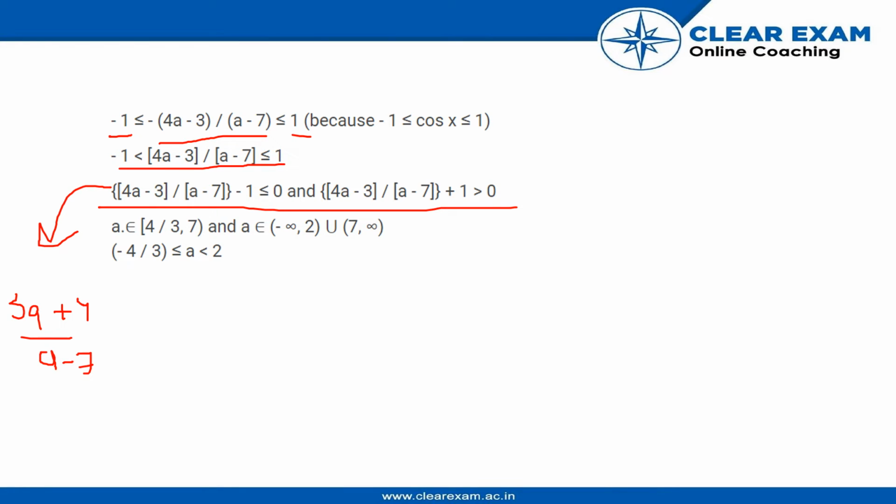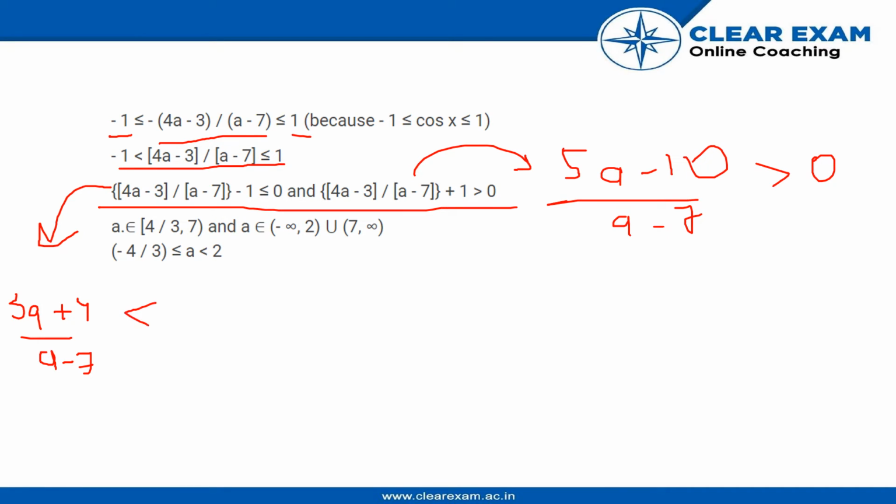Then for the other we have (4a minus 3) upon (a minus 7) plus 1, which becomes 4a minus 3 plus a minus 7. So that term becomes (5a minus 10) upon (a minus 7). So this is greater than 0 or this is less than 0, correct?